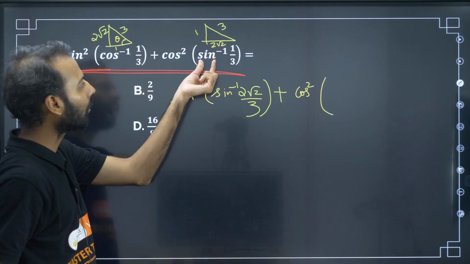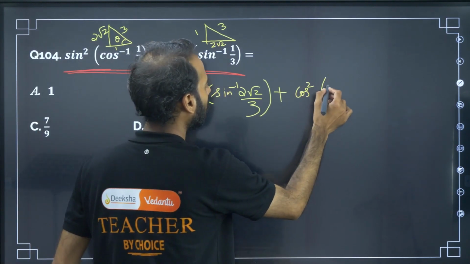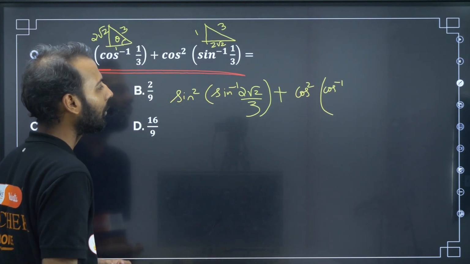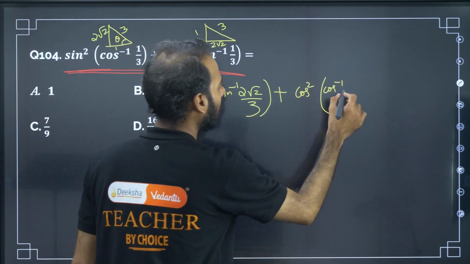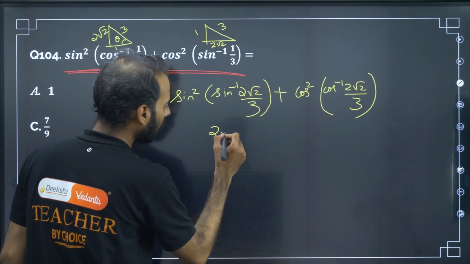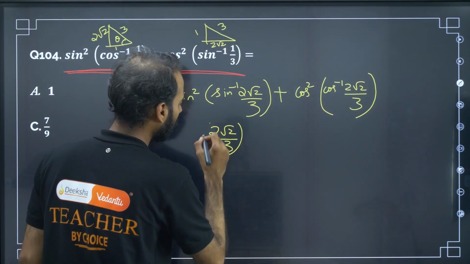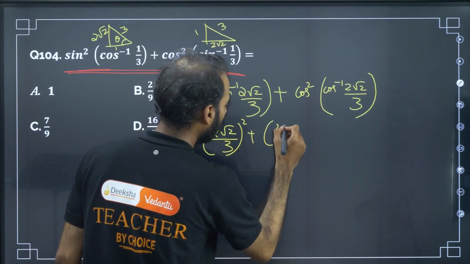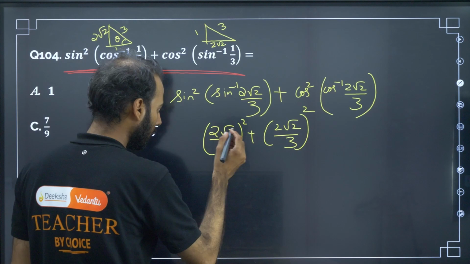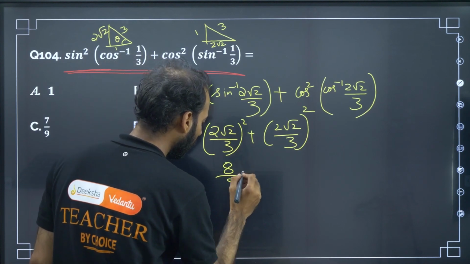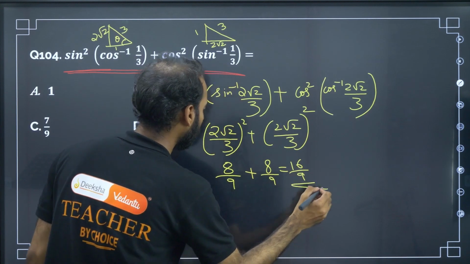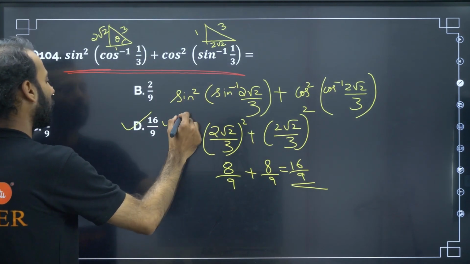Now here in place of sine inverse I will write in terms of cos inverse of 1 by 3, in place of 1 by 3, 2 root 2 by 3. So this becomes 2 root 2 by 3 whole square plus 2 root 2 by 3 whole square. So 2 root 2 squared is 8 by 9 plus 8 by 9 is equal to 16 by 9. Is there any option? D is the answer.